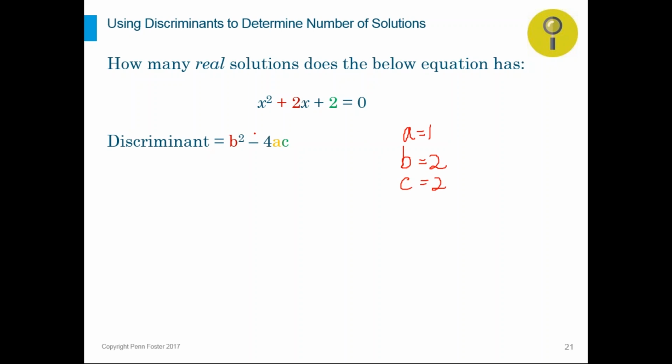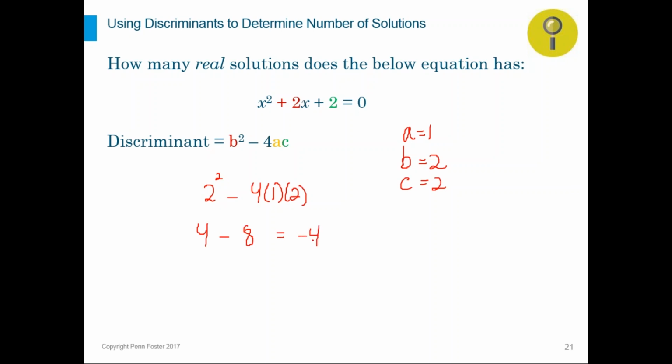Plug in the values in this discriminant formula and try to decide how many real solutions this equation has. So b squared, 2 squared, minus 4 times a, which is 1, times c, which is 2. Okay, so 2 squared is 4, minus 4 times 1 times 2, which is 8. 4 minus 8 is negative 4.